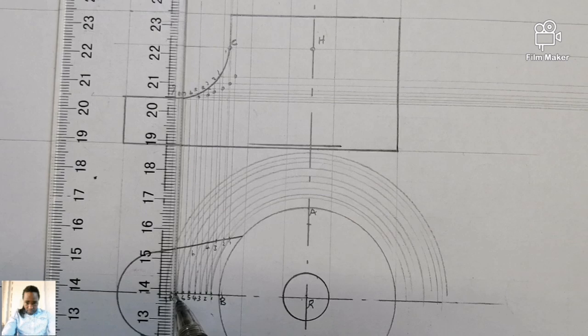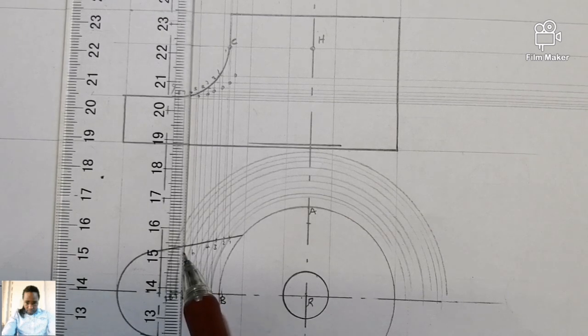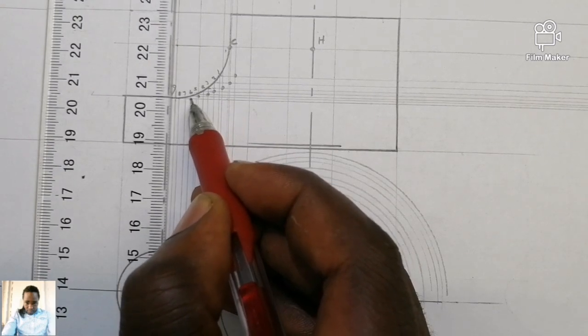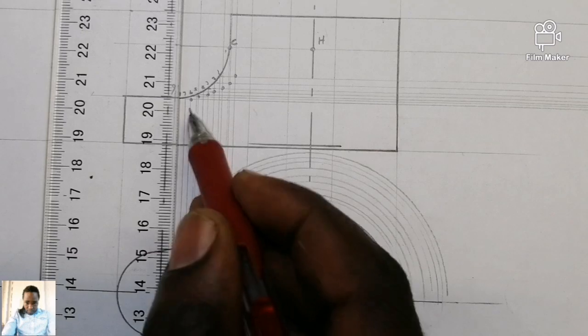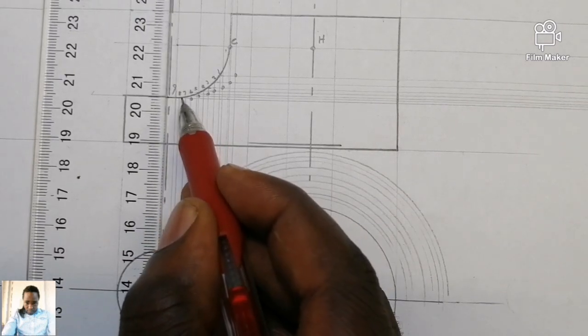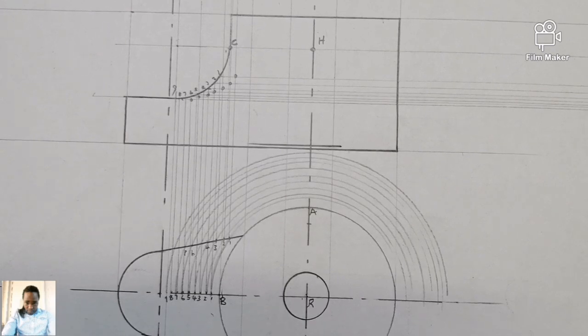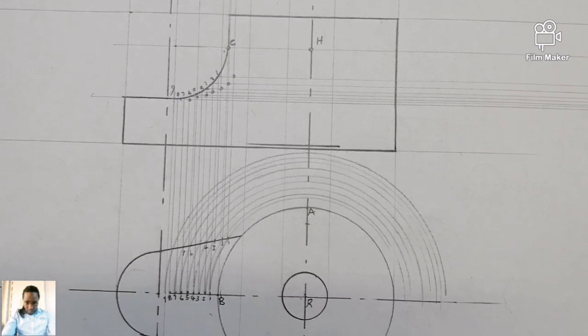This one, 7. This one, 8. It's already there, like this. So we've gotten our points from 1 till 8, isn't it?